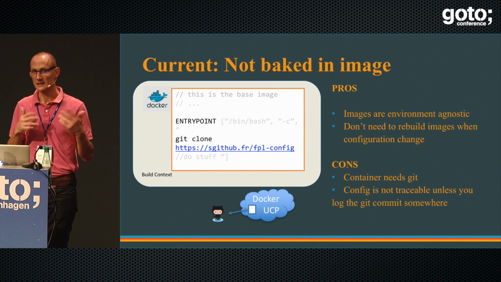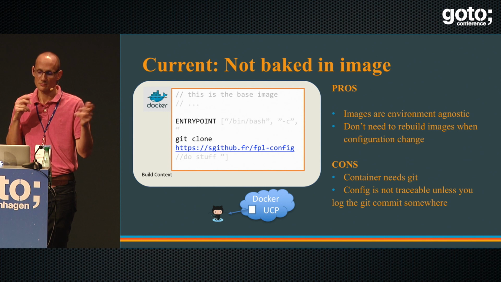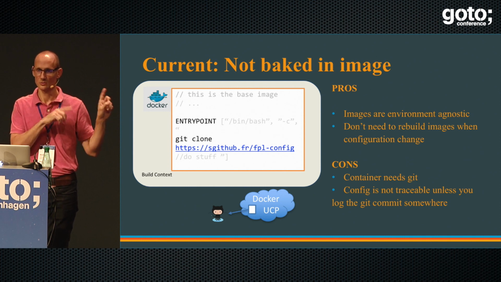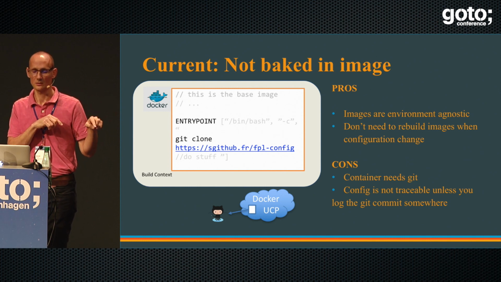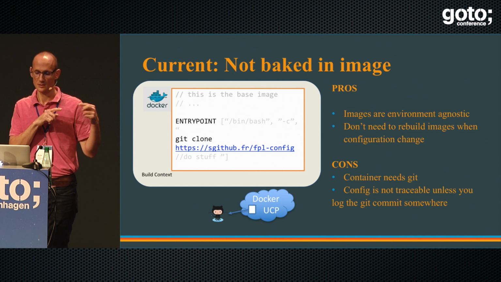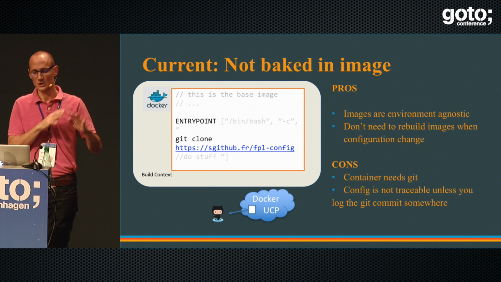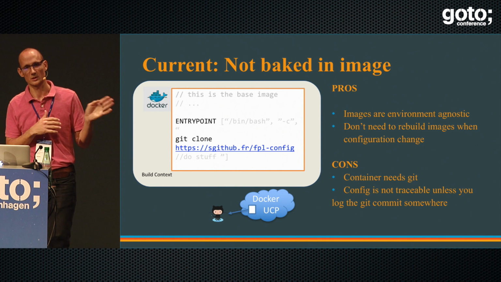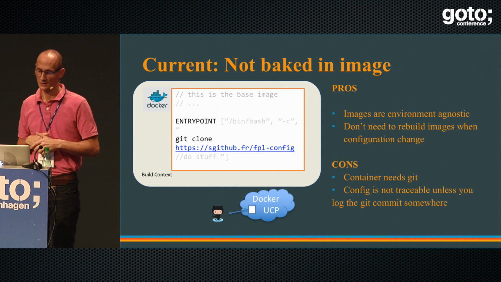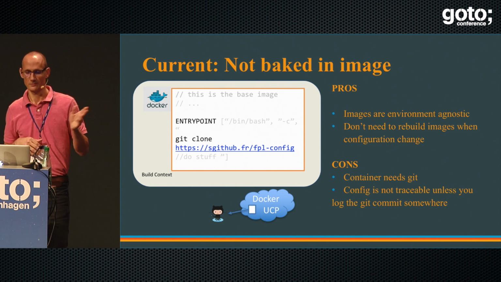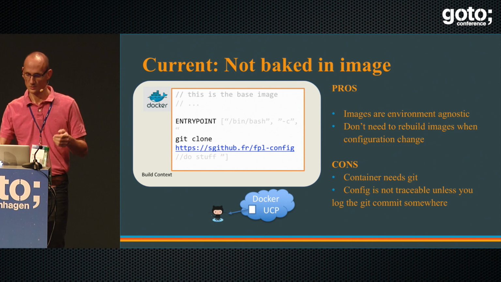As a downside, you need Git, and you can lose out-of-the-box traceability unless you log somewhere, maybe via some environment variable, which configuration commit was used when you deployed the microservice to the container.